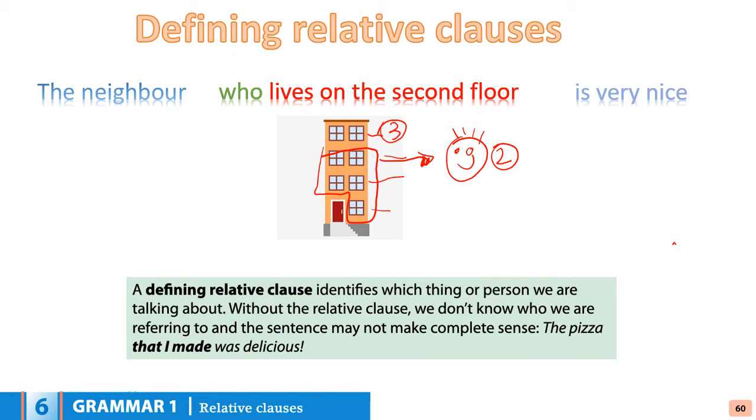If we don't say anything, it could be the neighbor of the second floor, the first floor, or the ground floor. We don't know. Without the relative clause, we don't know who we are referring to, and the sentence may not make complete sense. The pizza that I made was delicious. Okay.